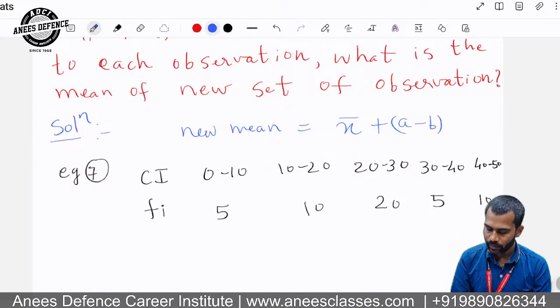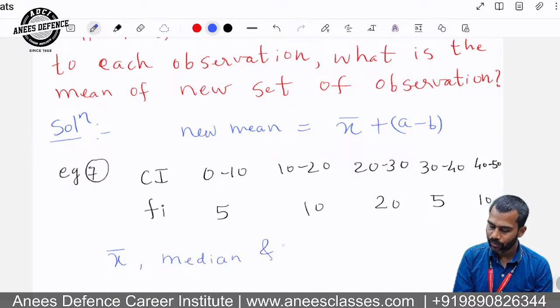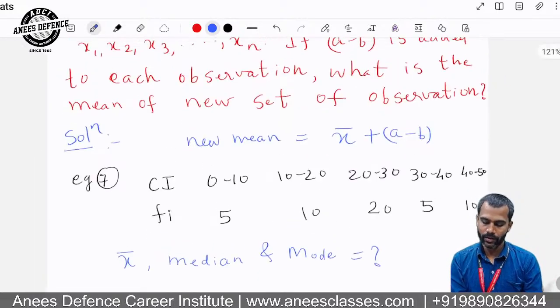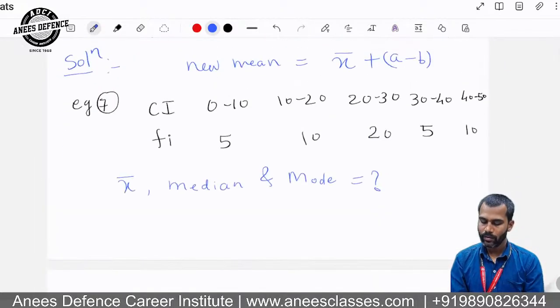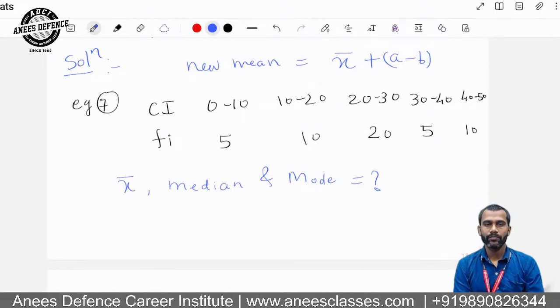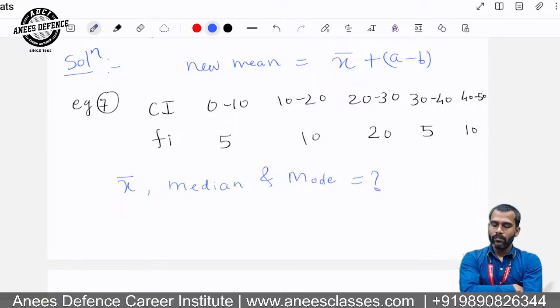You need to find out x bar, median, and mode. All the three measures of central tendency. Mean, median, mode. Please see the formula and try to solve this question.